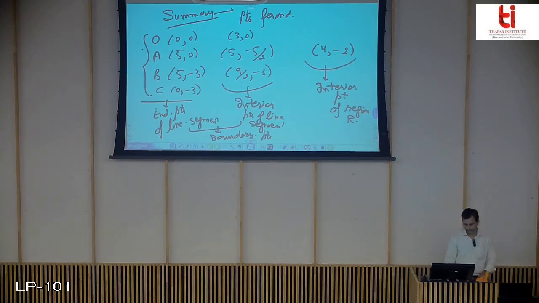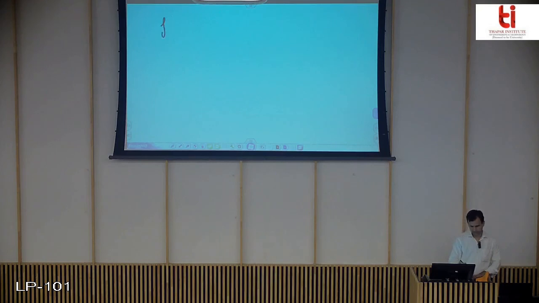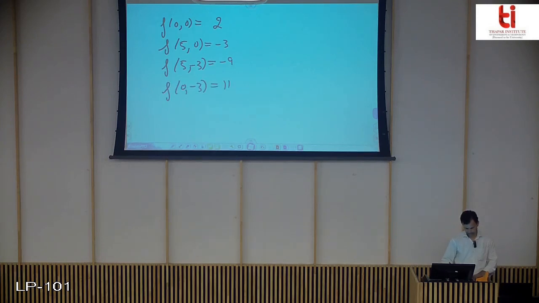So finally, the values of the function at these points are written here. F(3,0) is minus 7. F(5, minus 5 by 2) is minus 37 by 4. F(9 by 2, minus 3) is minus 37 by 4.